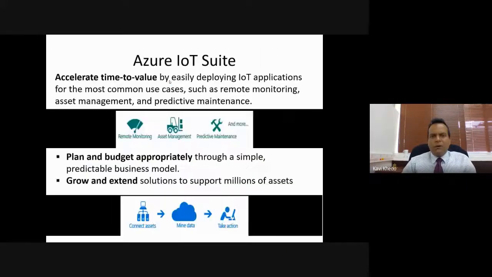So everything can be done on their platform. So let me start with Azure. Microsoft obviously is one of the major players. They provide a platform called Azure IoT. In their Azure platform, there is something called Azure IoT that allows you to connect sensors very easily. They say here, deploying IoT applications for the most common types of use cases, such as remote monitoring. You have a temperature sensor you want to connect.